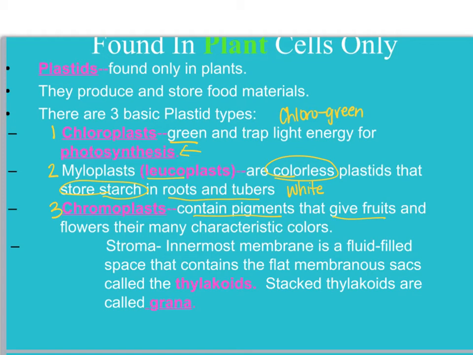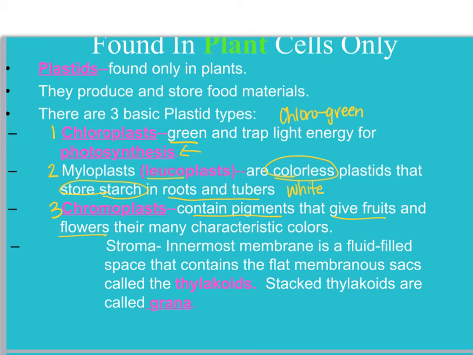Bananas are yellow, oranges are orange, strawberries are red, blueberries are bluish purple. So, you have all these different colors, all the rainbow of colors that you could have in fruits and vegetables and flowers too. This is any plant, okay? So chromoplast, all the other colors would come from chromoplast.